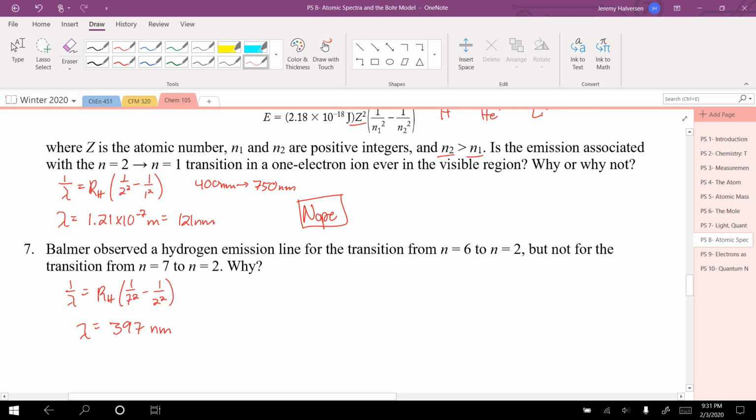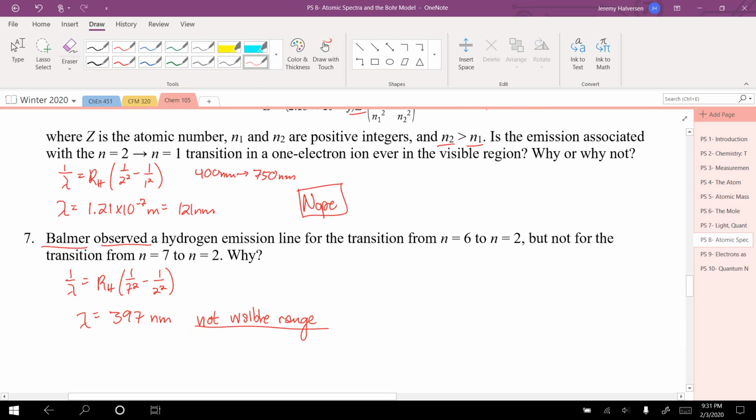Is that in the visible region? It's just outside, which is why Balmer did not observe it, because it was not in the visible range. That would have been a little bit higher energy, right in the ultraviolet range, which is why he didn't see it.